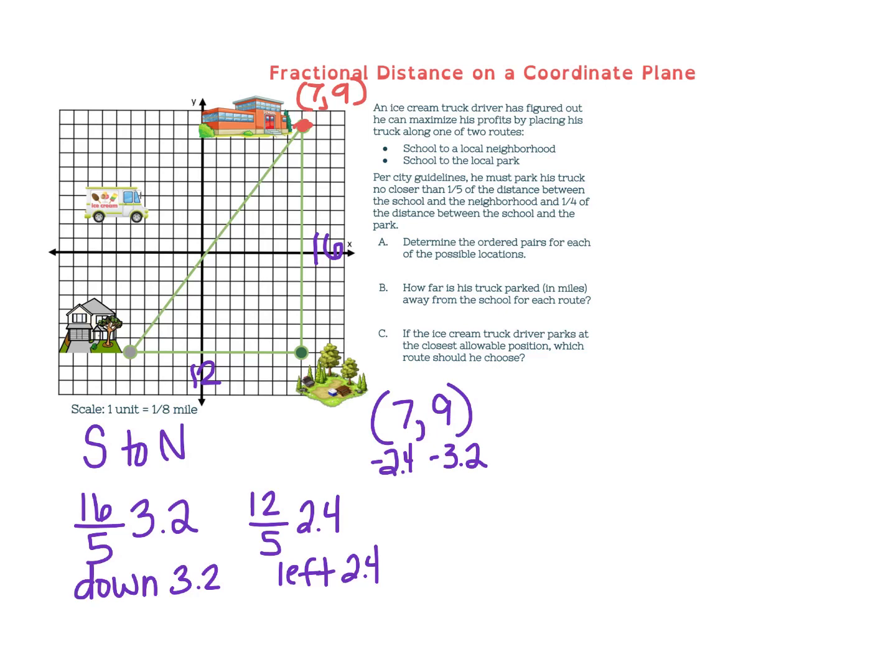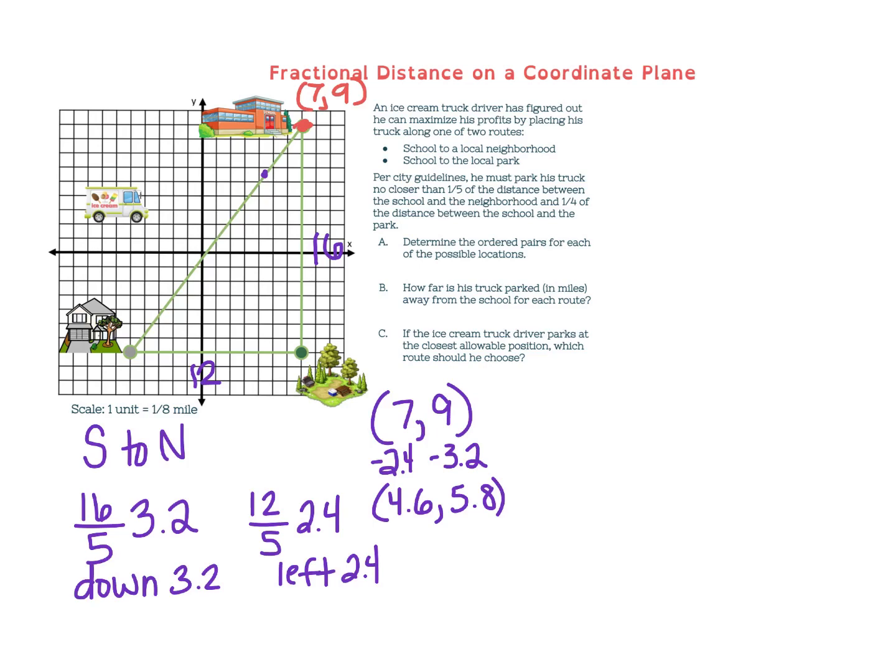So if I do that subtraction, you should get 4.6 and 5.8. So that's about, let's see, 1, 2, 3, that's somewhere right there. Okay, so that's one possible location.